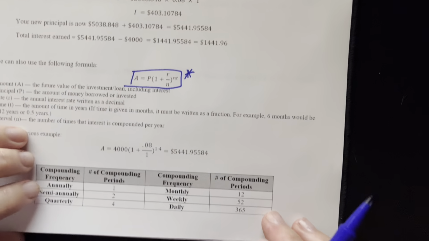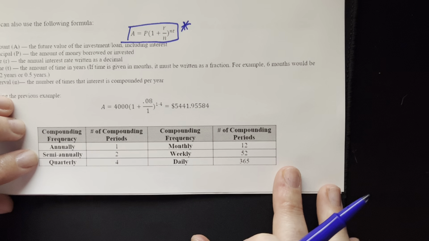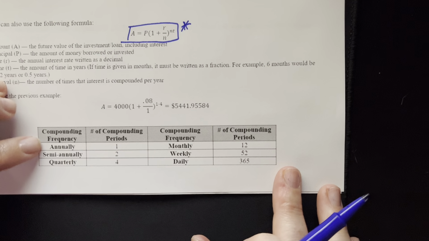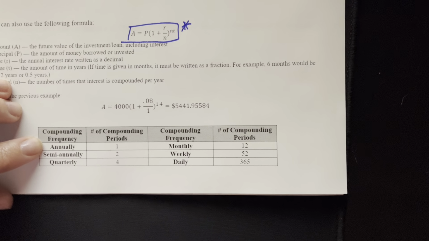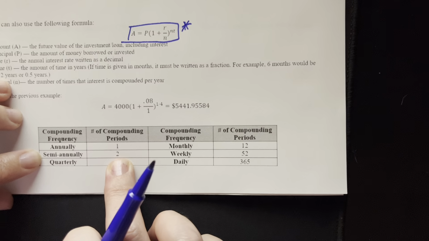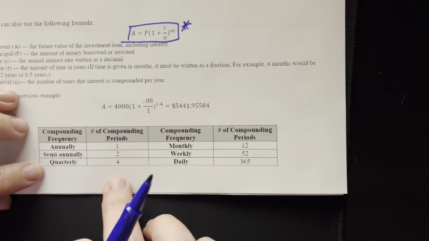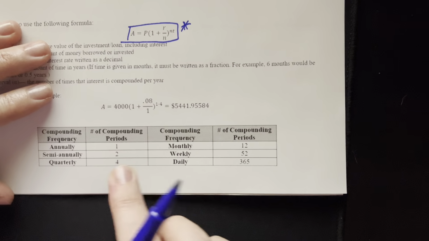So I put a table down at the bottom of frequently used increments for compounding. So it could accrue annually. So once a year interest gets applied. It could accrue semi-annually, which means twice a year. Quarterly, so just like in school when you had quarters, it was 4 times a year.